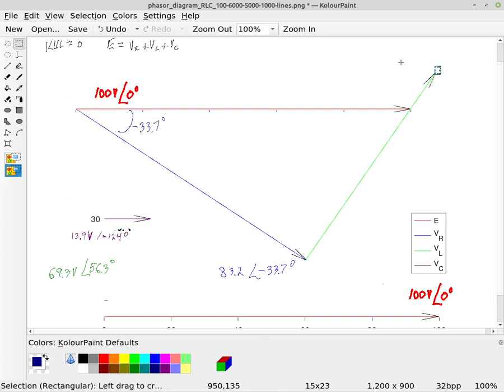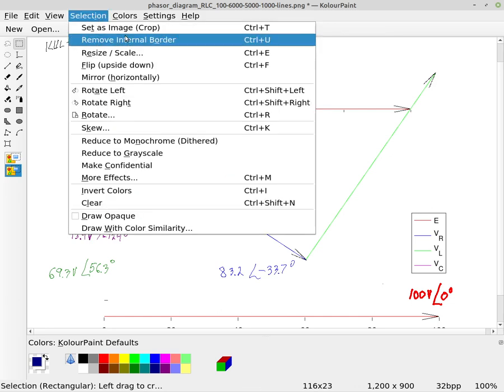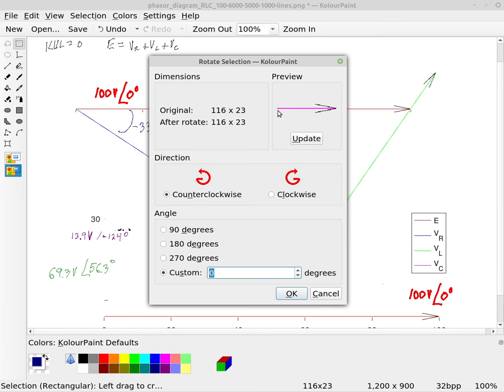And so now I'm going to take VC, the voltage across the capacitor, right? And remember, it's at minus 124 degrees. And so I'm going to rotate it, and again, that was clockwise direction, and 124 degrees.